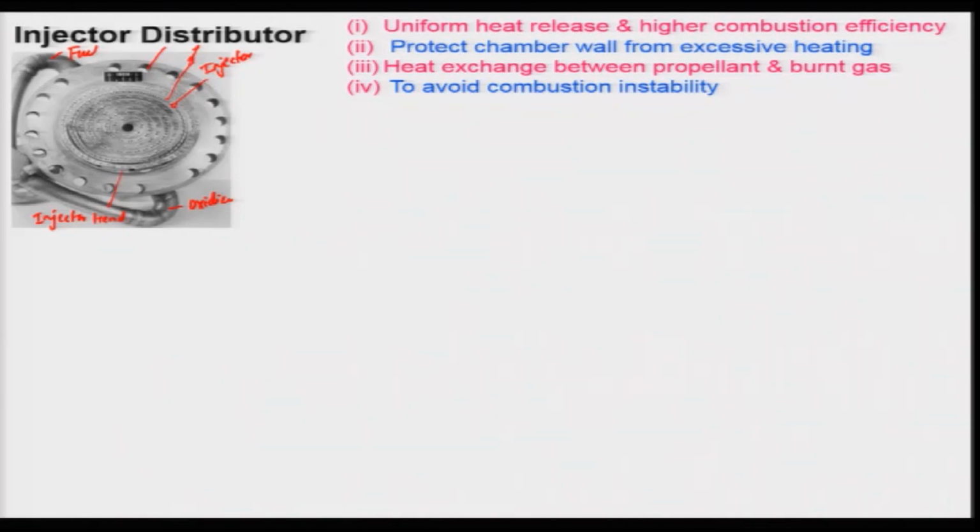That means whatever propellant is being injected and atomized or vaporized should receive heat well from the burnt gas, such that you can have easier, faster vaporization. Besides this, if the fuel and oxidizer are well mixed, or pre-mixed combustion takes place, then combustion instability may occur.